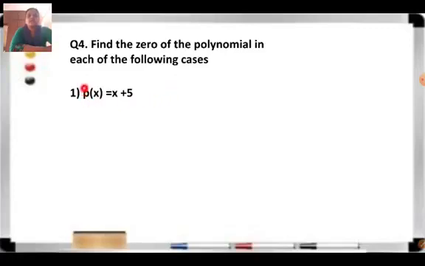I said that P of that x value should be 0. So we want P of x to be 0. So 0 equal to x plus 5. Find the value of that x. That x value is called the zero of the polynomial. See how it has to be done stepwise. So see here.